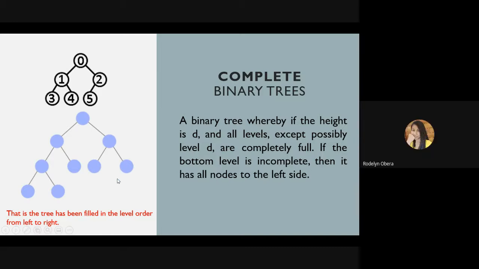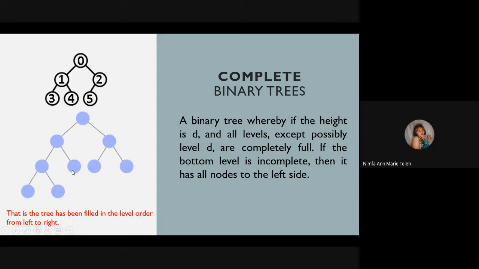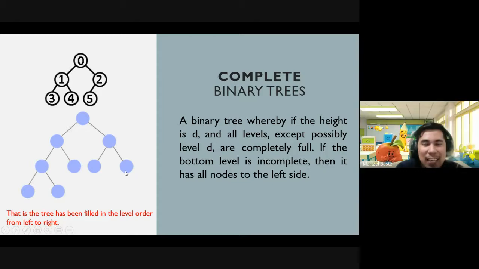Yes, sir, because it is on the left side. So what happened here? No, it is not, because of all levels. This node should have had nodes before the next level got any, even if it is only on the left. That makes it able to become a complete binary tree. So that is the difference between complete and full binary trees.